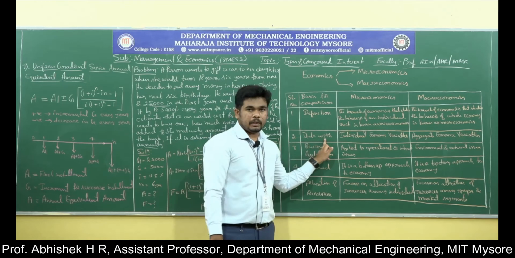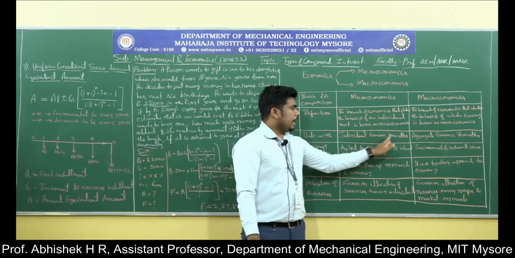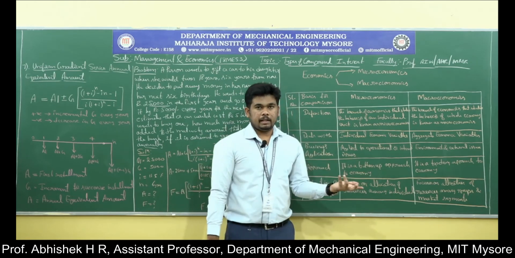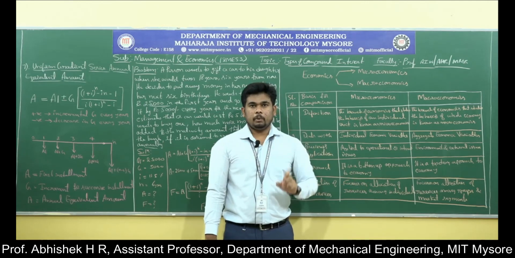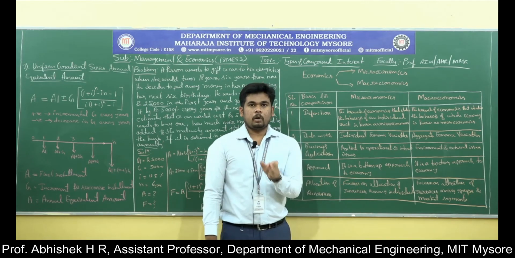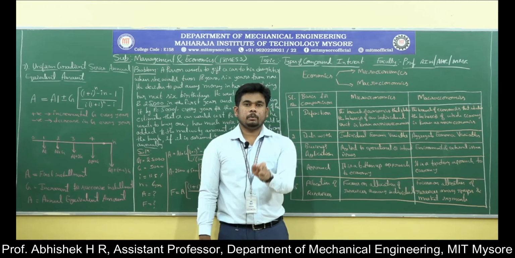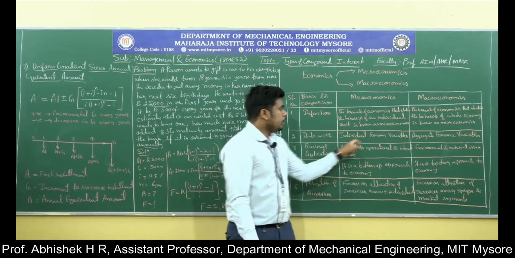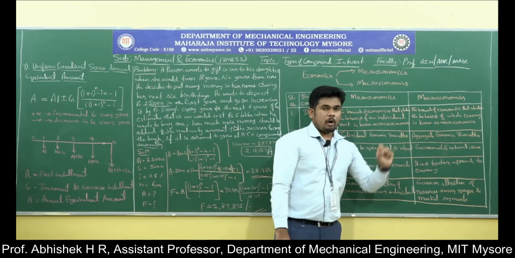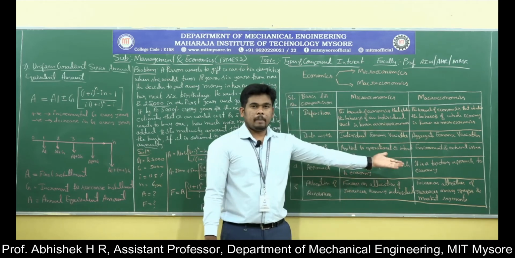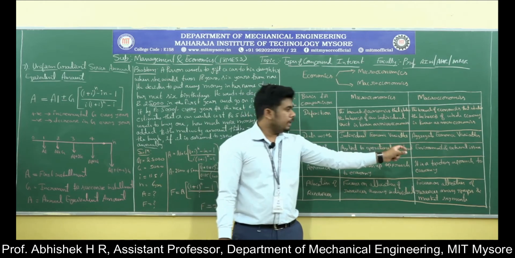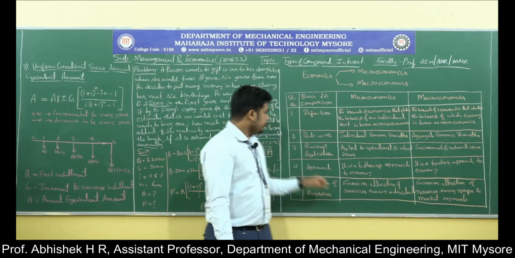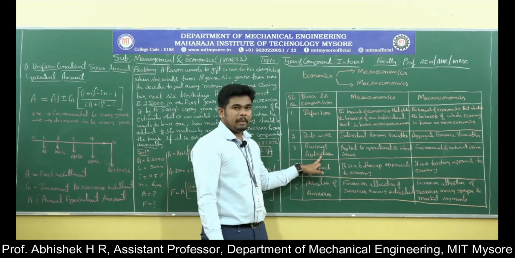Next, microeconomics deals with individual economic variables. As I said, it will focus on individual products or an individual team or customer. Macroeconomics focuses on aggregate economic variables. Next, business applications.